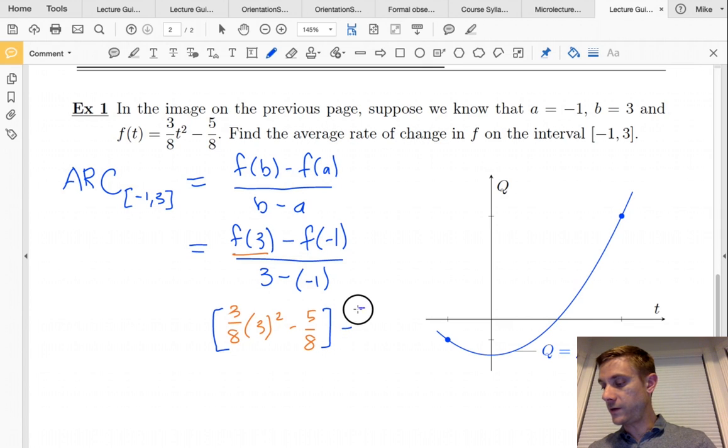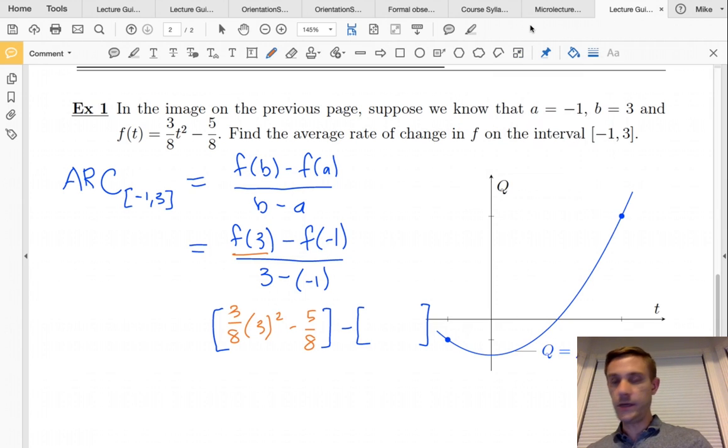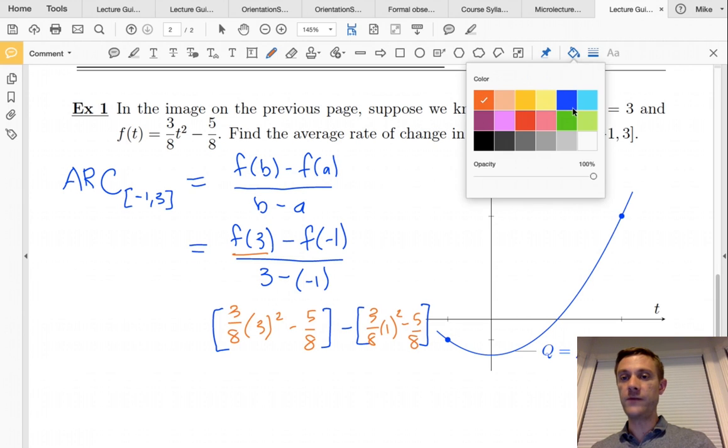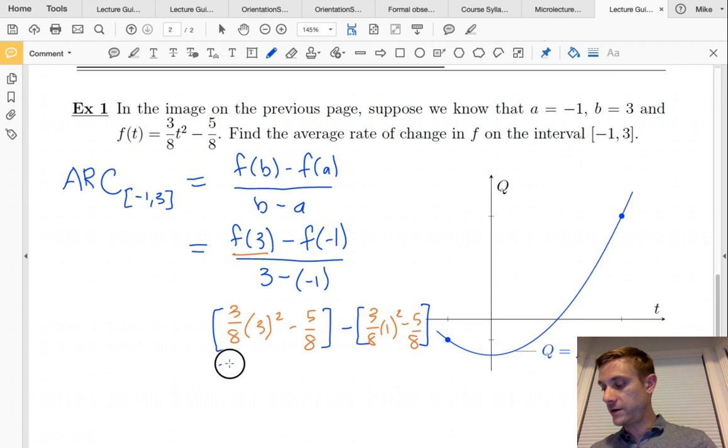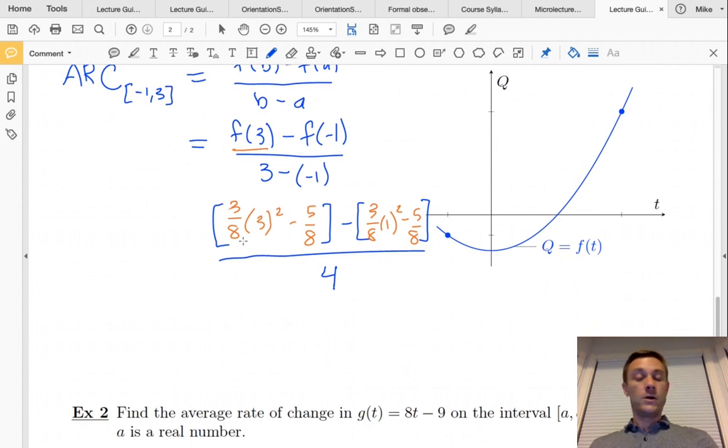And then we're supposed to take away the same thing but with f of -1. So that looks something like 3/8 and 1 squared minus 5/8 there. We have a very dramatic fraction bar for what is otherwise a pretty underwhelming 4 on bottom. 3 minus -1 here.